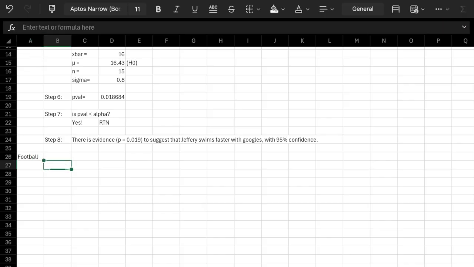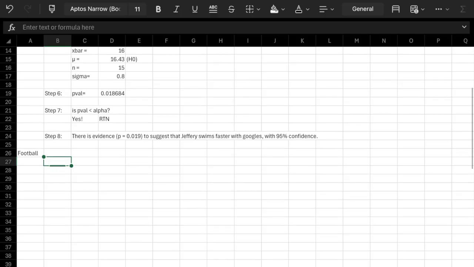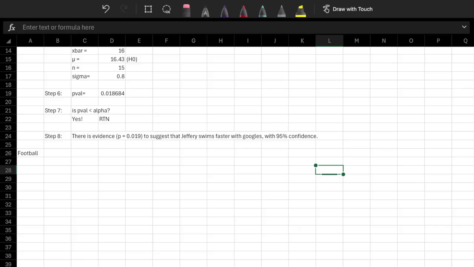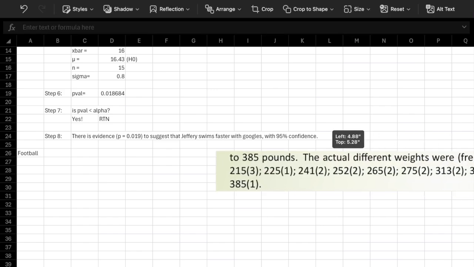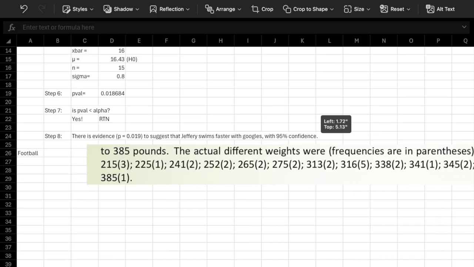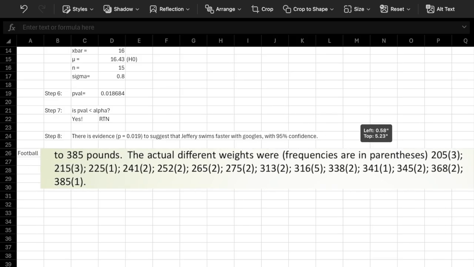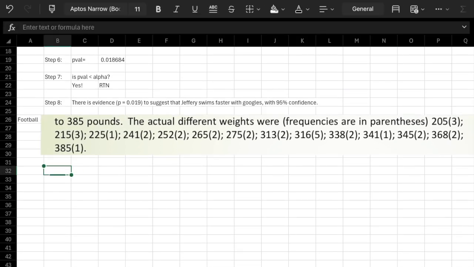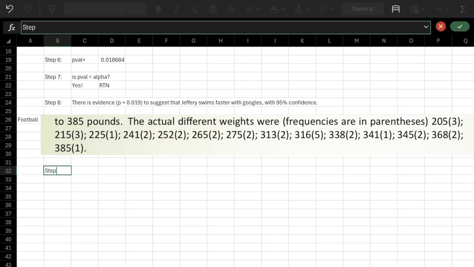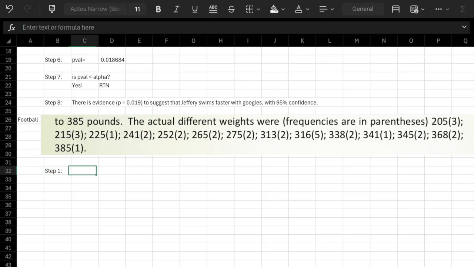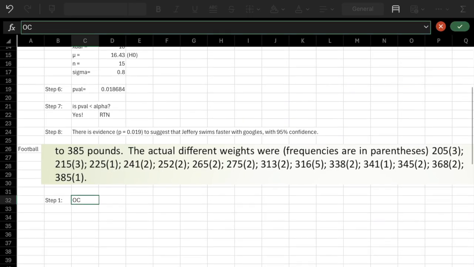Let me just paste. There's my paste. I pushed Control V. Okay, so there's my data. All right, so before we do anything else, let's go ahead and do step 1, the original claim.